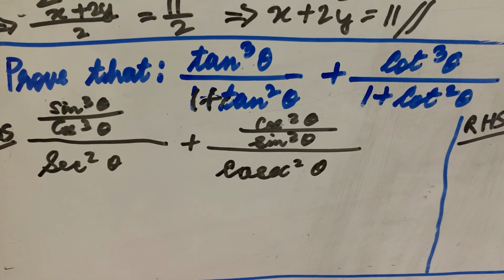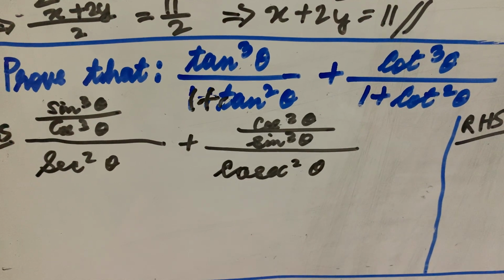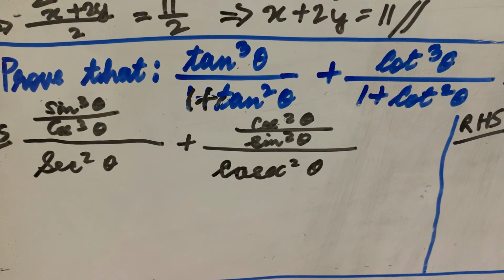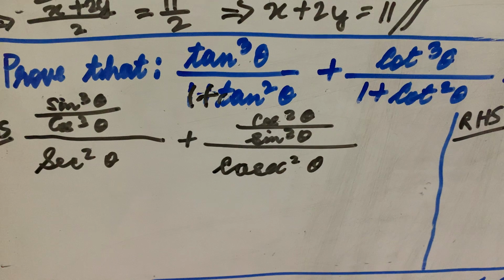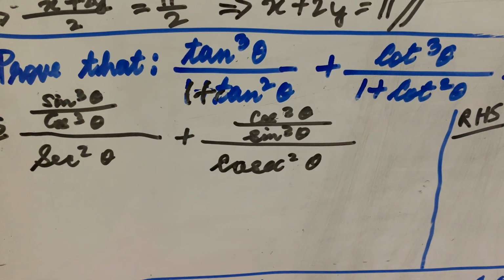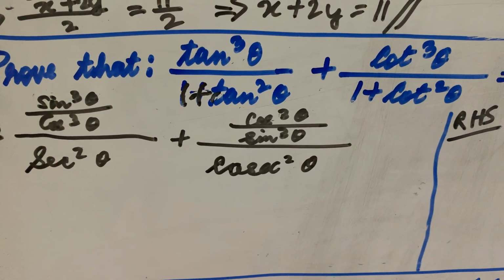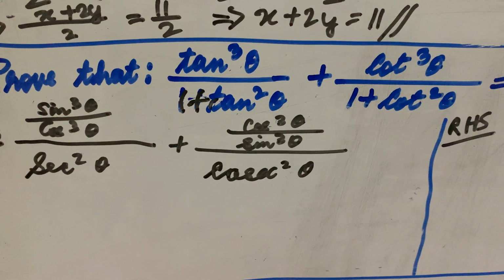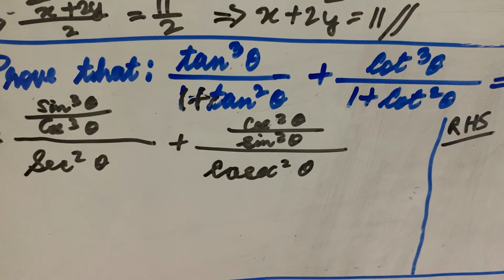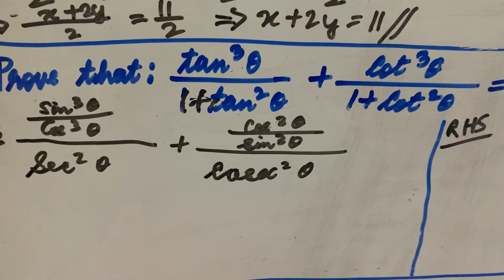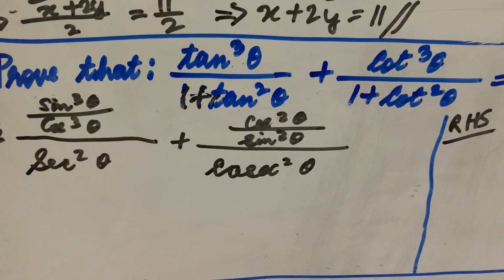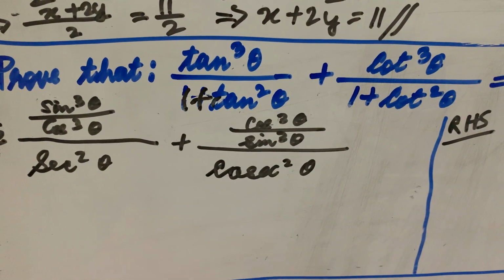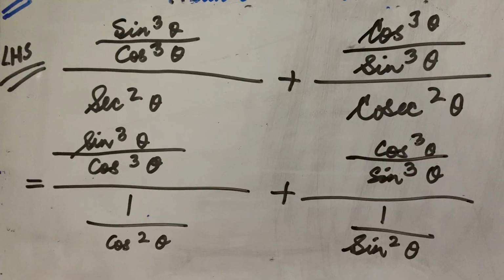So we have expressed tan in terms of sin and cos, cot in terms of cos and sin, and 1 plus tan square theta is sec square theta, and 1 plus cot square theta is cosec square theta. Now let us express sec theta as 1 by cos theta and cosec theta as 1 by sin theta.